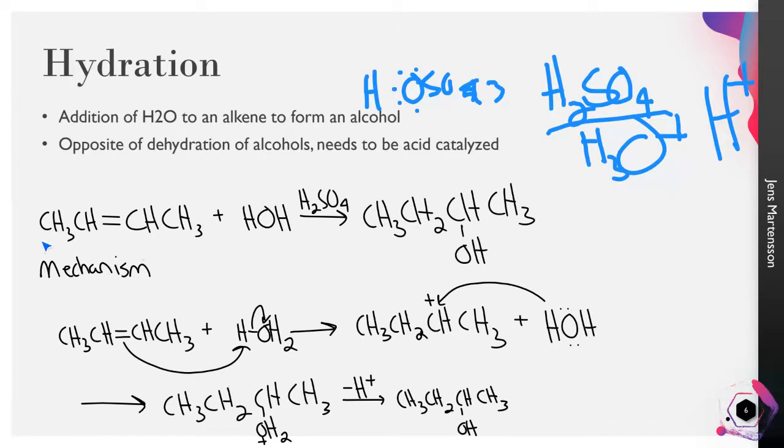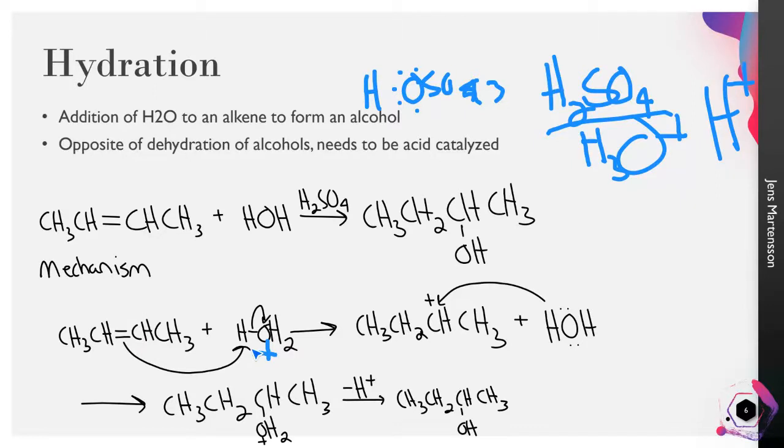So here we have our alkene, and this is just saying we have water, we have sulfuric acid, and down here it's just H3O+. There should be a positive charge there. Okay, so we start with our alkene. And again, the arrow goes from the double bond to the hydrogen.